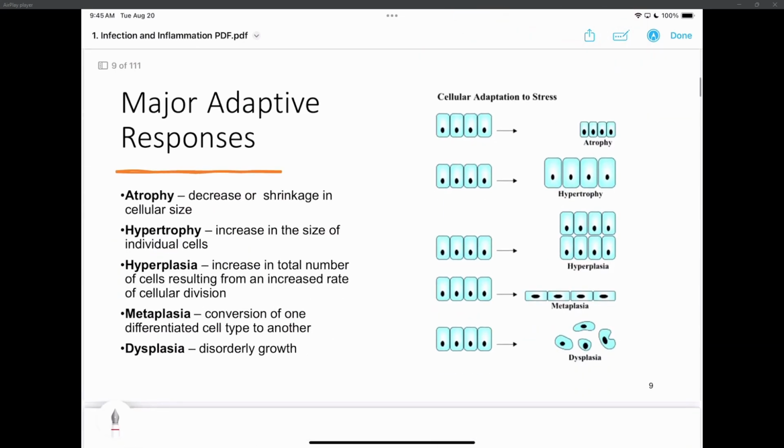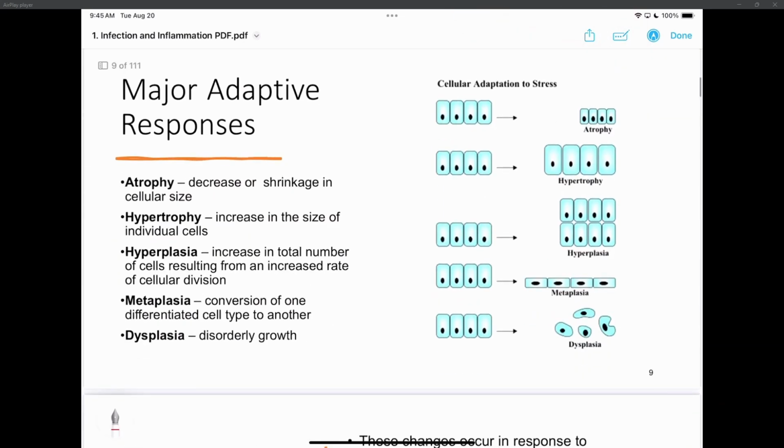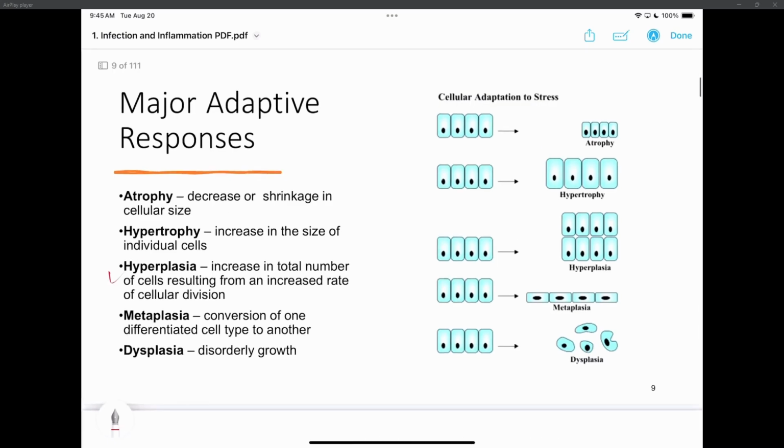So how do our cells adapt? We can have atrophy, which is a decrease or shrinkage in cell size. We can have hypertrophy, where the cells themselves just get really, really big. Hyperplasia is an increase in the total number of cells due to an increased rate of cellular division.